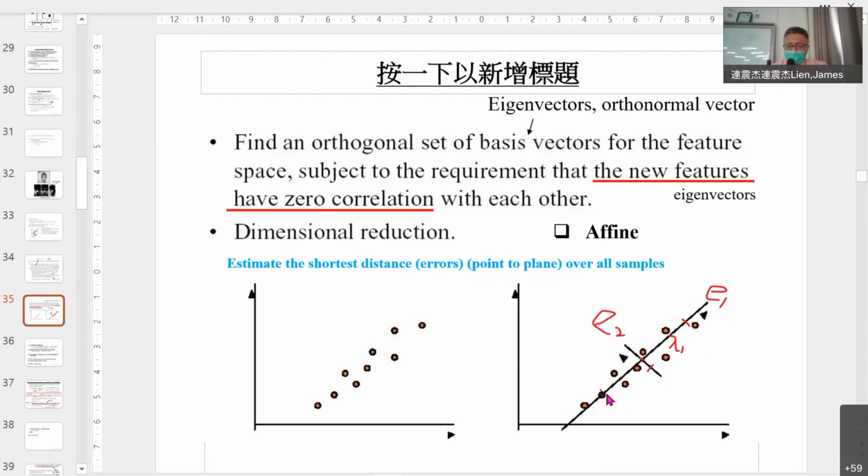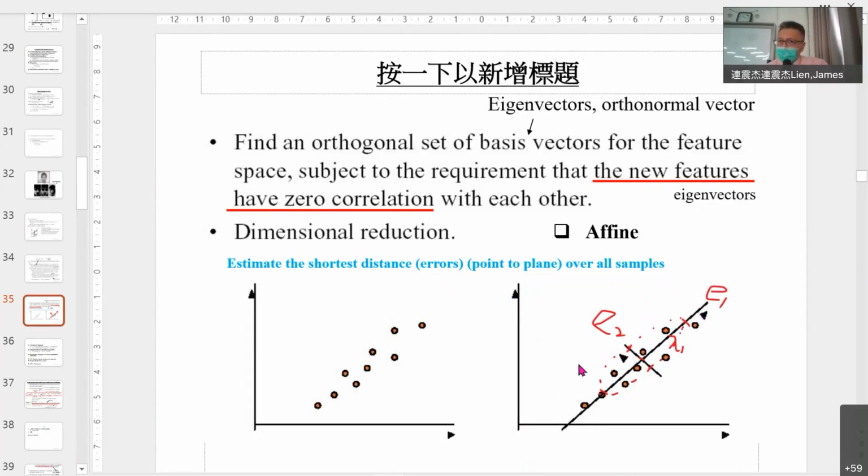This becomes an ellipse, and the ellipse is the high-dimensional Gaussian. So in the original space, after you find eigenvalue 1, corresponding eigenvector 1, and eigenvalue 2, corresponding eigenvector 2, this will become your eigenspace.